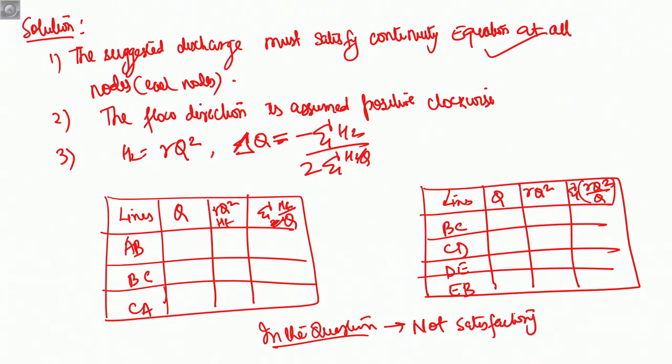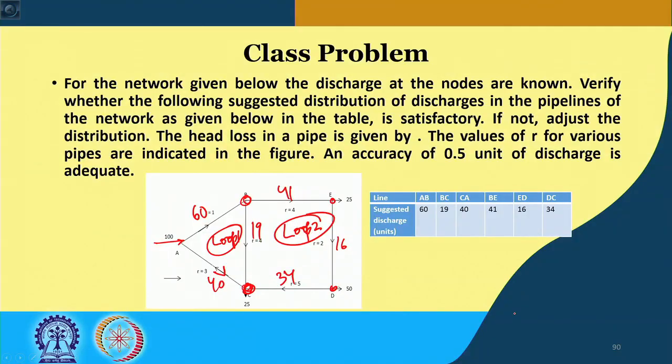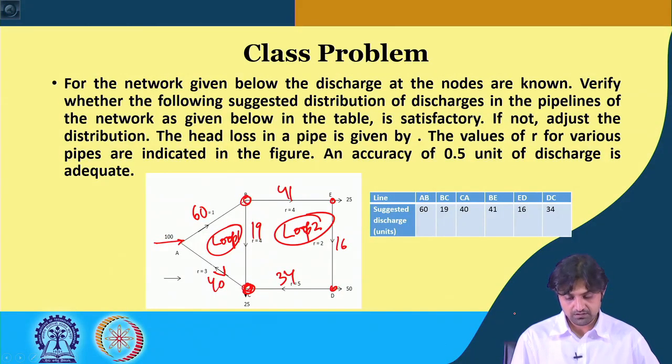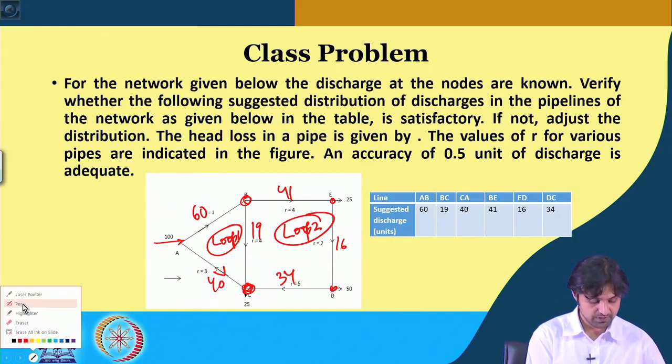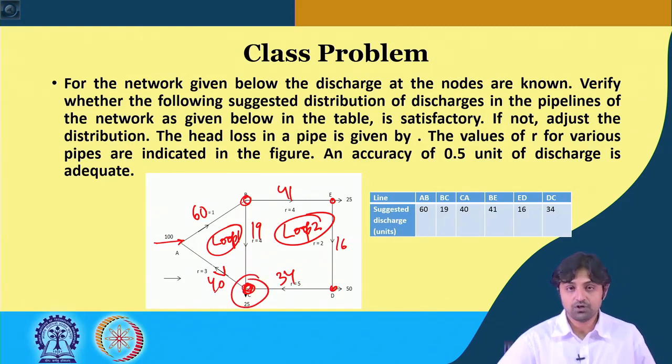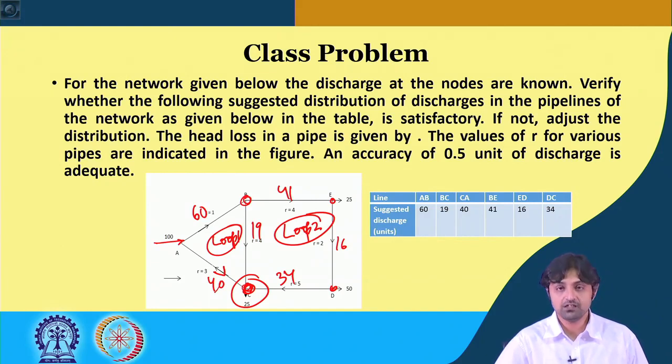We did not even need to go to the second step. In the first step, because the continuity equation was not satisfied, we can simply say that the solutions are not acceptable, all right. So we have seen two types of problems in Hardy Cross.